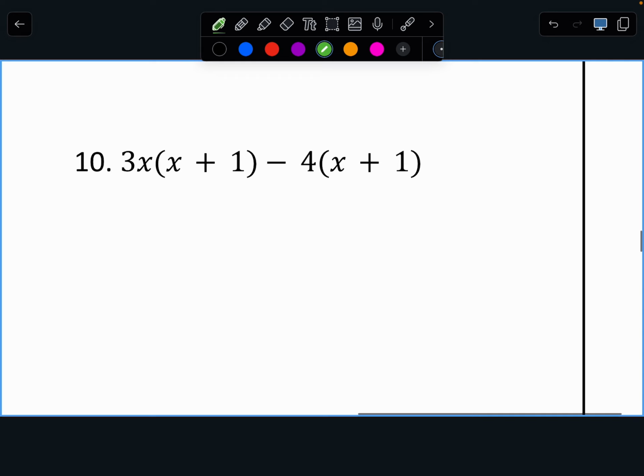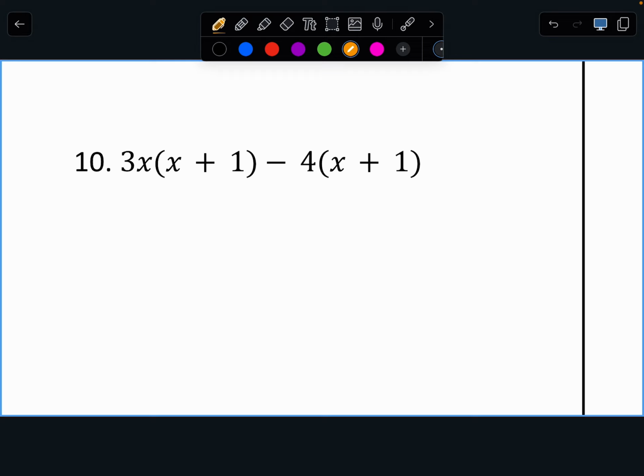All right. Now, this one looks weird because it's got a minus sign, it's got some parentheses, and we didn't have parentheses before. But remember that what you're looking for is what's in both things.